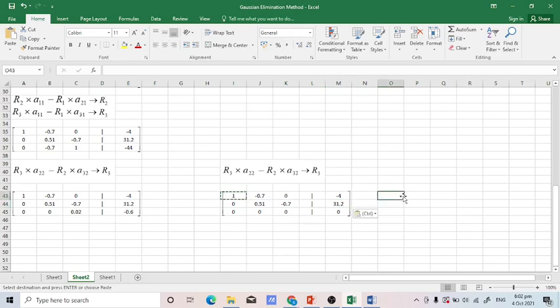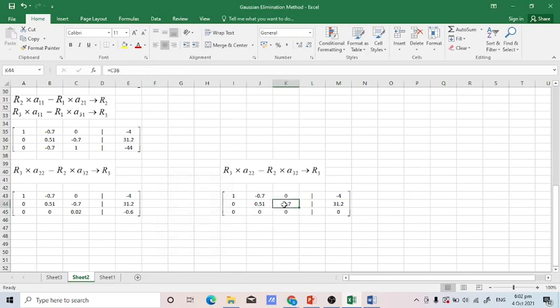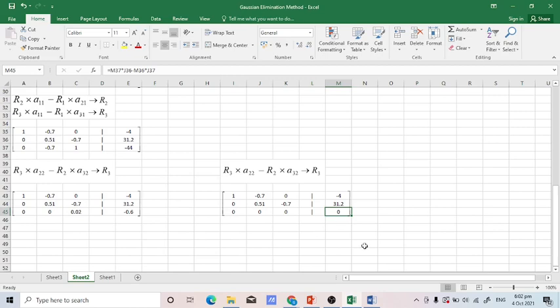Ayun, 31.2. Diba? Automatic na sila. Okay, tama. Tapos dito sa part na to, halimbawa wala to.